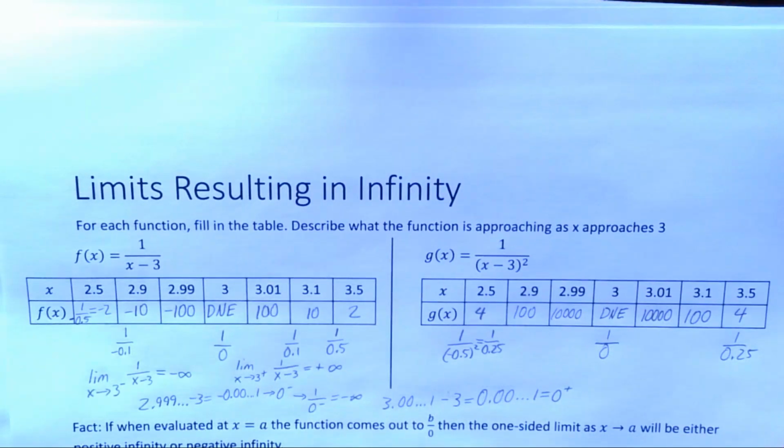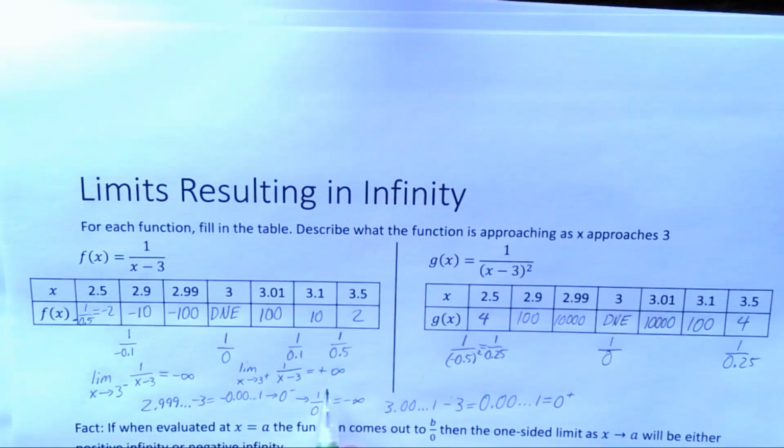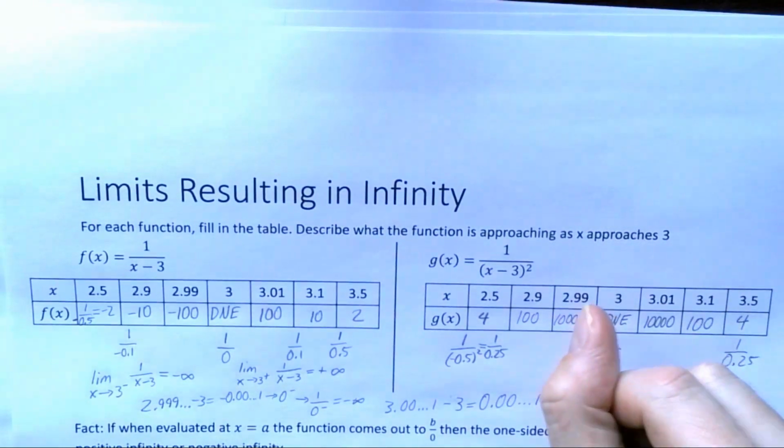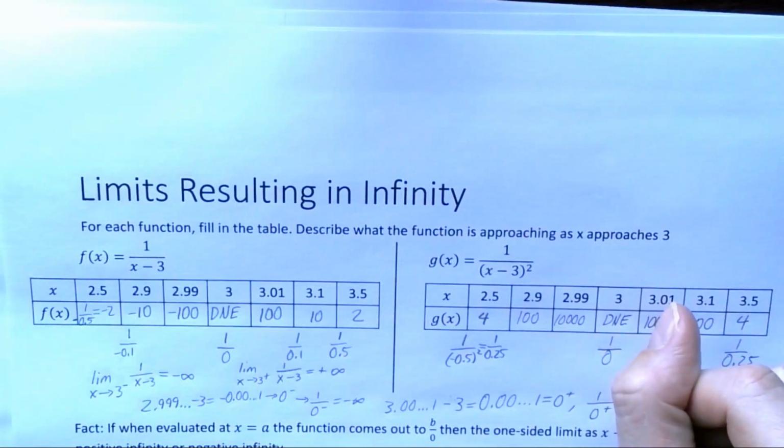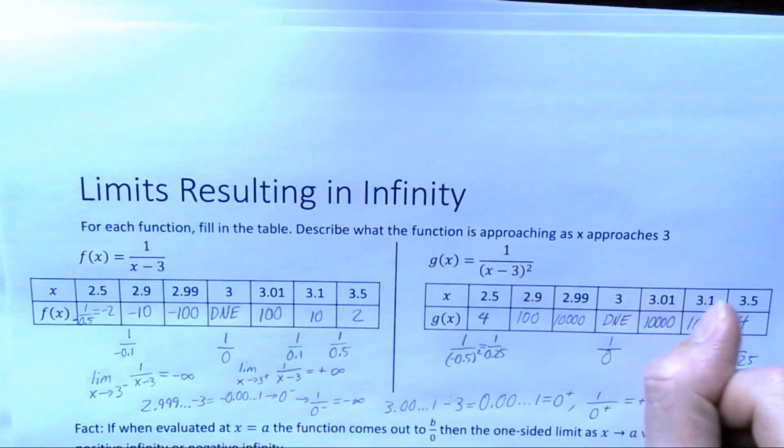And as the limit as x approaches 3 from the right illustrates, 1 over 0 with a plus sign is equal to positive infinity.